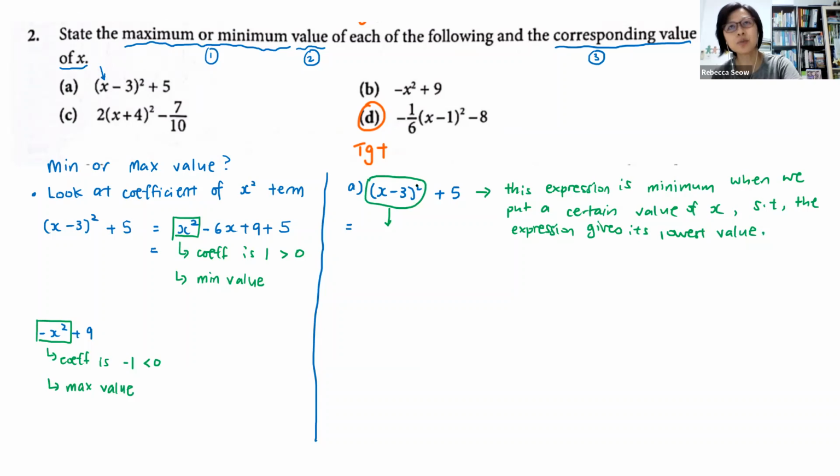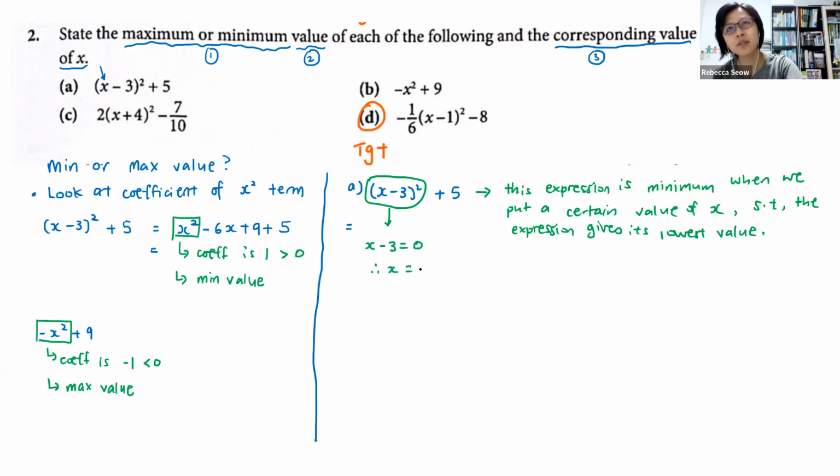You see a square there? Yeah, this is a squared number, a squared value. Anything that is squared would have a minimum of 0. Now, how can we make whatever that is within the bracket 0? To make whatever that is within the bracket 0, that would make x minus 3 be 0.